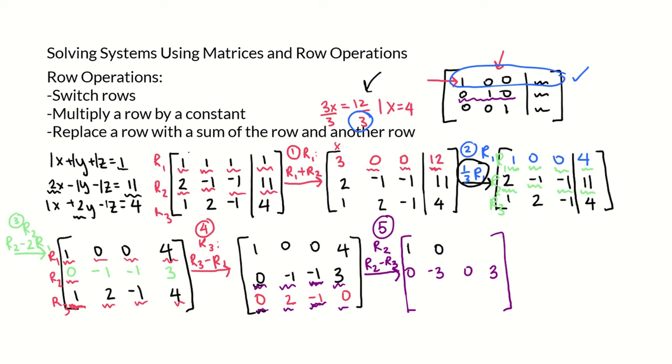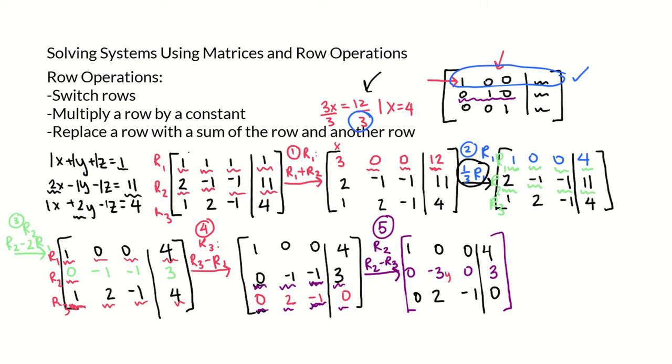1, 0, 0, 4 is the first row still, 0, 2, negative 1, 0. And you can see, I haven't been writing the augment line. You can see that the middle row is almost how we want it. We just have a negative 3 in the spot where we want a 1. So let's take that and write it as an equation, knowing that we're in the y column here.